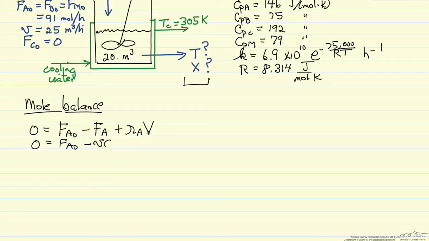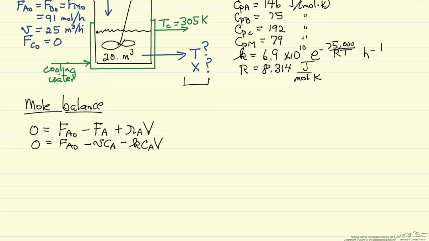I'm going to write this as the volumetric flow rate times the concentration. Since this is a liquid phase, the volumetric flow rate is going to stay constant at 25 cubic meters per hour. And then the rate of reaction, since it's first order, is minus K times the concentration of A times volume.